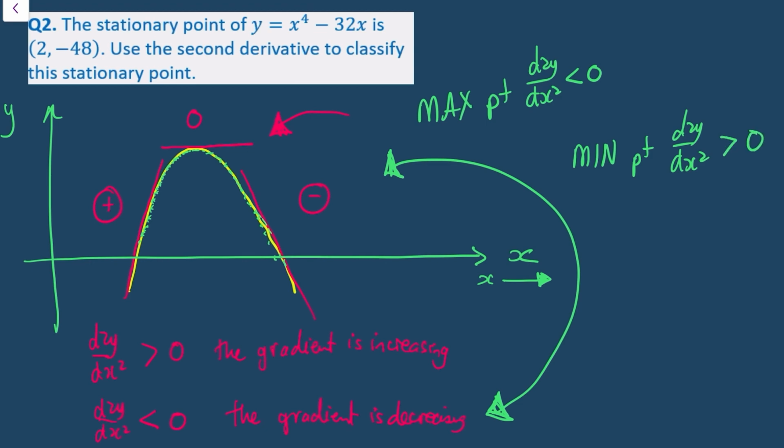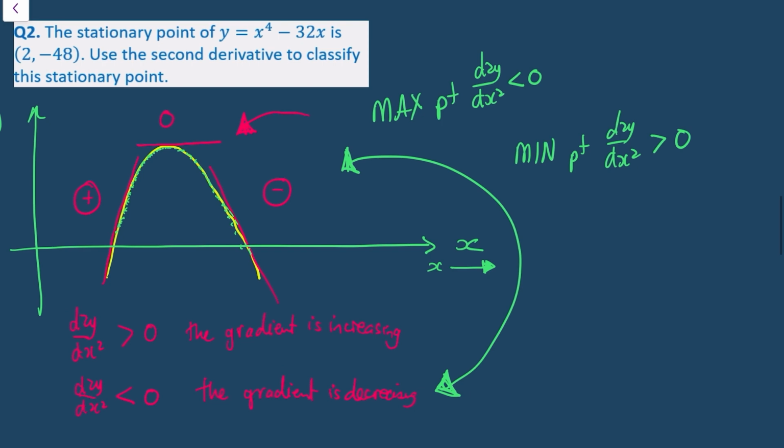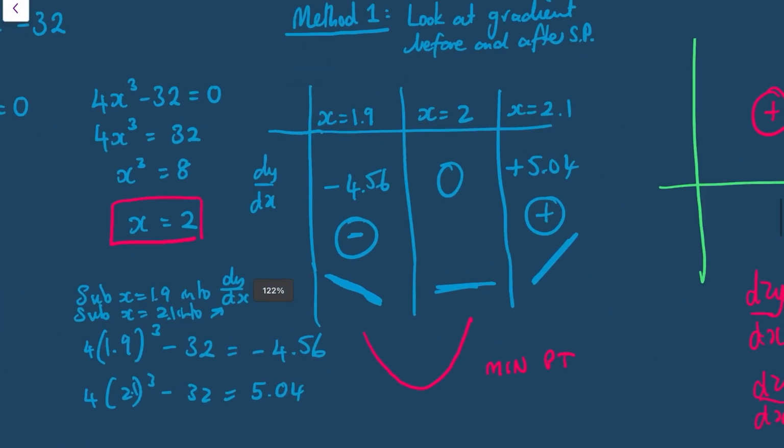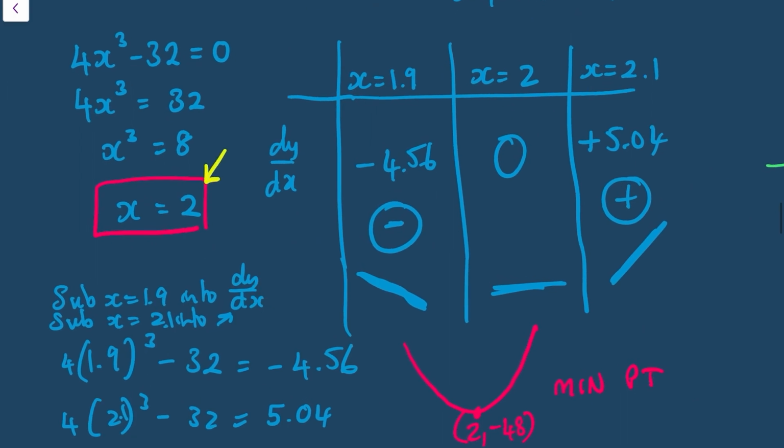And I'm going to show you that now using this second example again. We found dy by dx already. It was 4x cubed minus 32. We're now going to find the second order derivative. That's going to give us 12x squared, and minus 32 becomes 0. So remember how we found the turning point, the vertex, to be at x equal to 2.